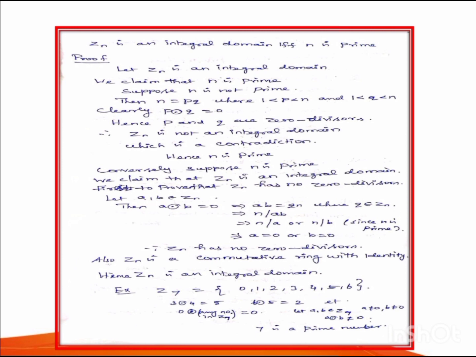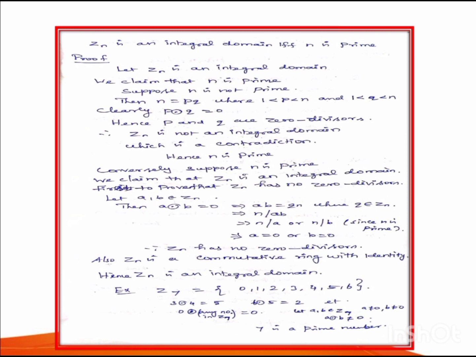So two non-zero elements whose product is 0 are zero divisors of the set, and the set is Zn. So Zn has two non-zero elements p and q whose product is 0. Therefore p and q are zero divisors.